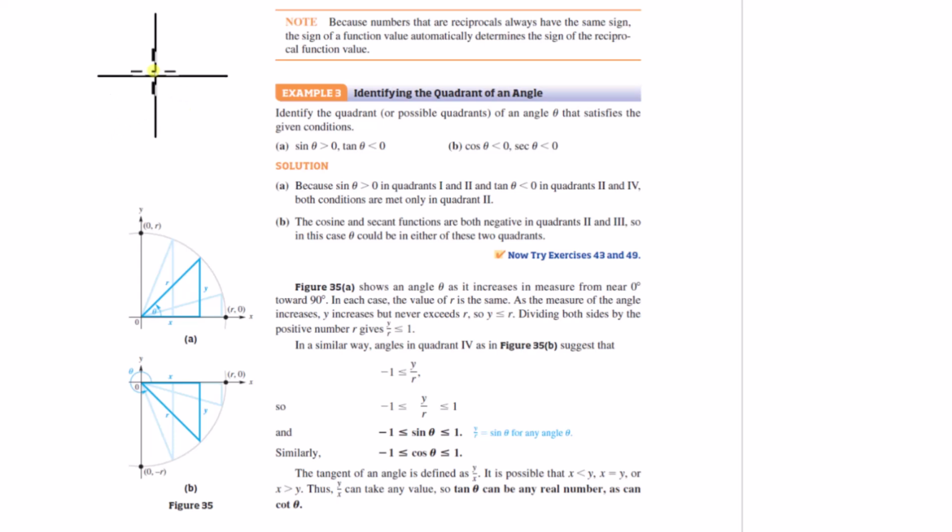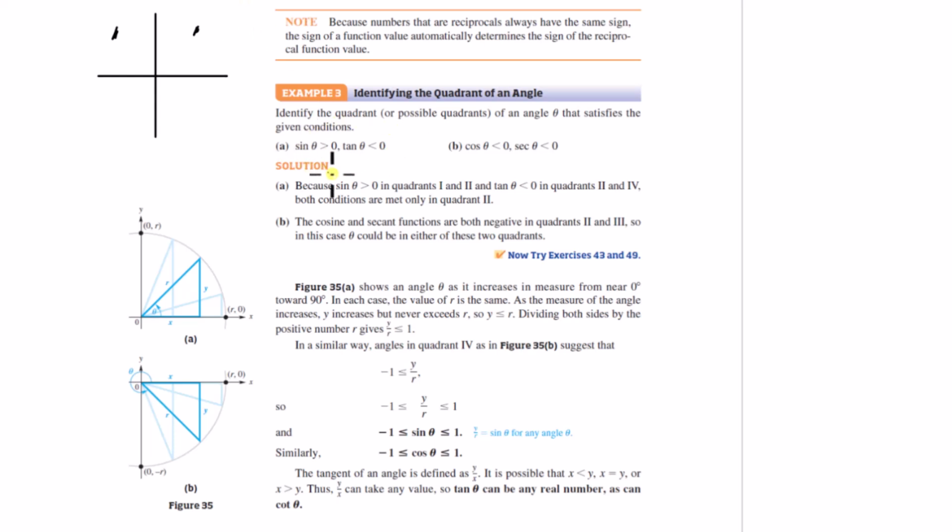No matter what quadrant we're in, the way we draw the right triangle, opposite, based on the angle of the right triangle that has vertex at the origin, is always the y value. Now, the hypotenuse is always positive, so what this means is that we're going to have a positive y value if sine of theta is positive. So we're in quadrant 1 or quadrant 2 because that's where y is positive.